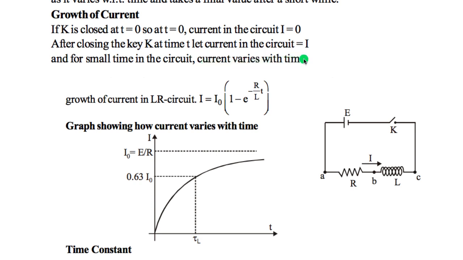At the instant, either at 1 second, 2 seconds or the third second, what is the current? The growth current is given by the formula. This is from a derivation, and there is no need to derive the equation.